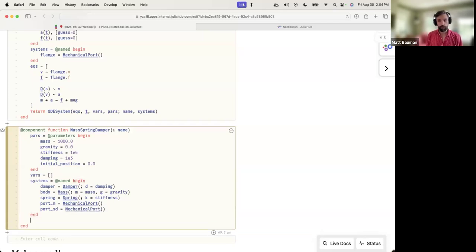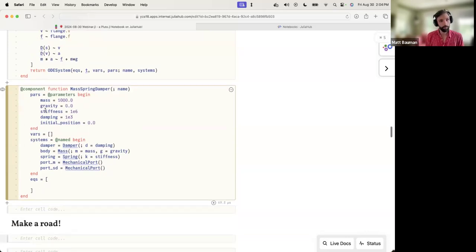So those are our systems. Now, what do our equations look like, right? So we're just following exactly the same idioms that we used for our other components, but in this case, it's different, right? We don't have variables. There's nothing that this mass spring damper collection really cares about itself beyond the parameters that it's passing into the components that it encapsulates.